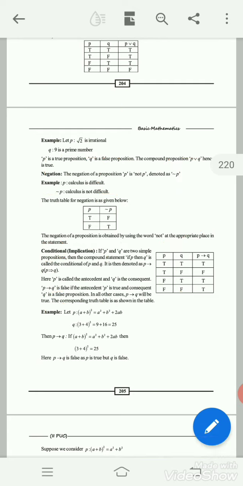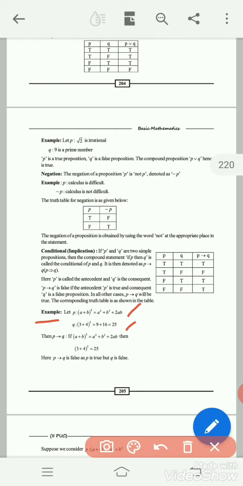For example, P statement is (A plus B) whole square equal to A square plus B square plus 2AB. Q statement is (3 plus 4) whole square equal to 9 plus 16 equal to 25.